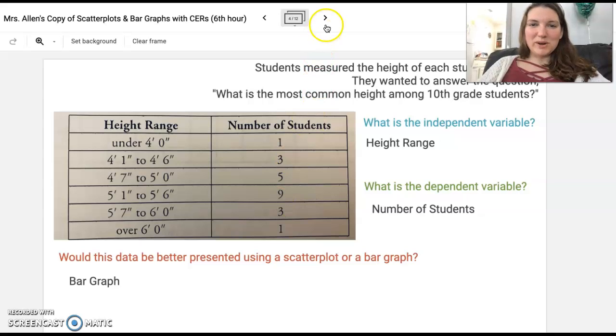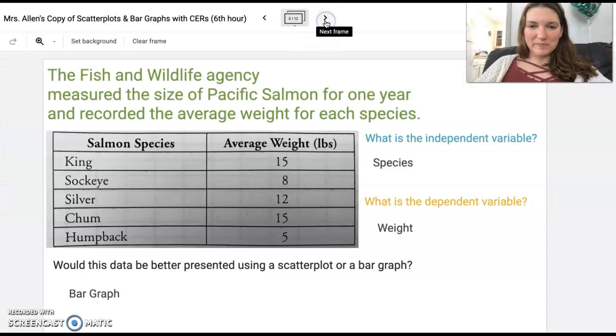I saw some people come up with experiments where they talked about how many girls have a certain shoe size, anything like that. The thing you're judging on is going to be the independent variable, and the number of people in that category is the dependent variable, okay?